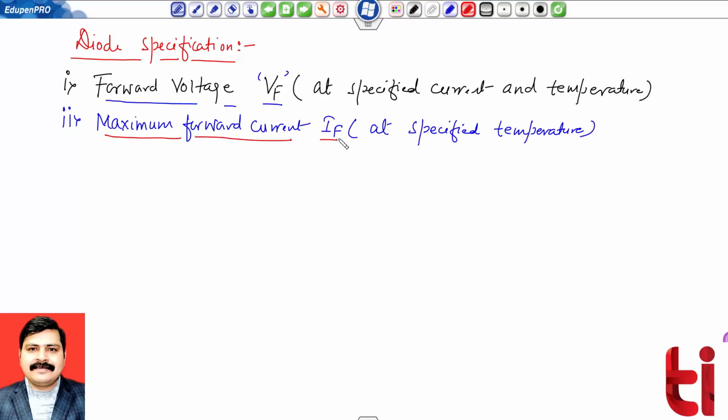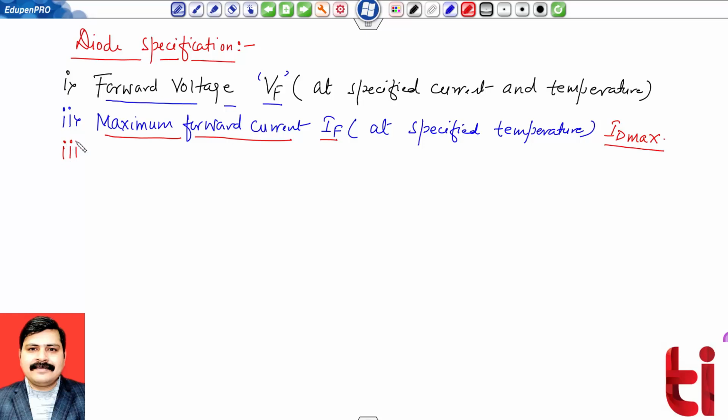Notation is IF, and we have the value of this maximum forward current at some specified temperature. So as the temperature changes, the value of this IF will also change. So this is a very important parameter, the maximum forward current. In fact, in some databases, it is also termed as ID max, which is the maximum forward current.